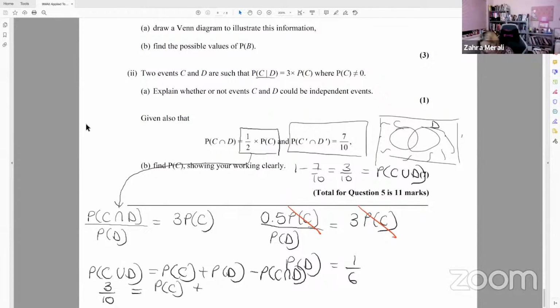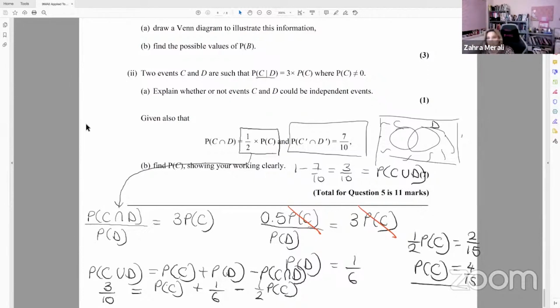We know the probability of D is 1/6, and we know C and D is a half lot probability of C. So we can combine the numbers together. So 1 probability of C minus a half probability of C gives me a half PC. And then I can do 3/10 minus 1/6, which is going to give you 2/15. And so that means the probability of C must be 4/15 if I multiply by 2. And there's your 7 marks.